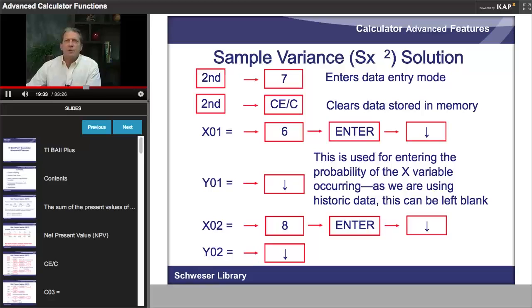Then we enter data entry mode, clear everything out of the data entry mode, and enter these. Well, since you already have these in, but you had them in with probabilities, maybe you want to redo it and leave nothing for those probabilities.